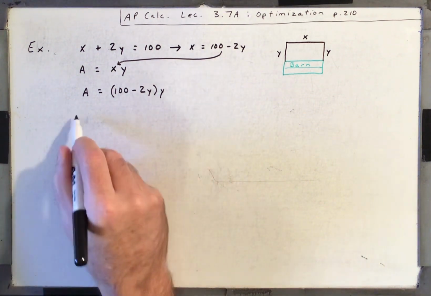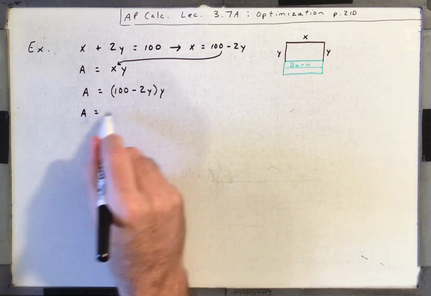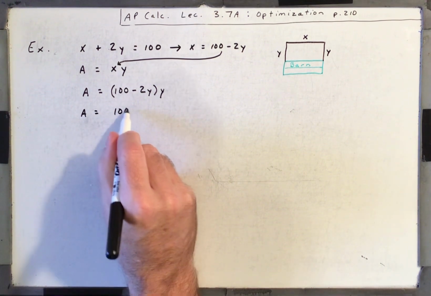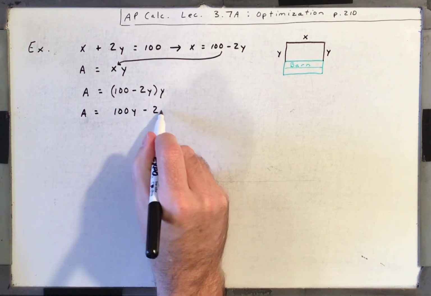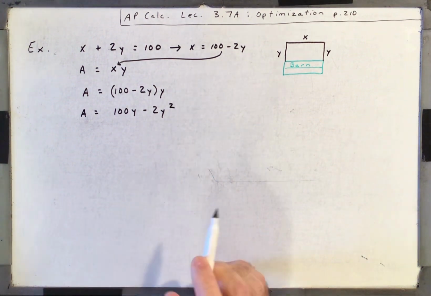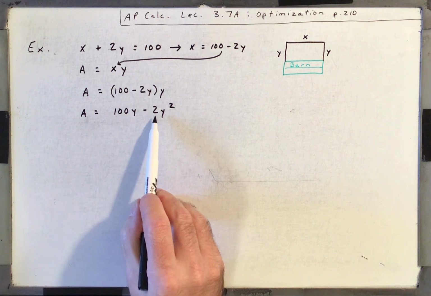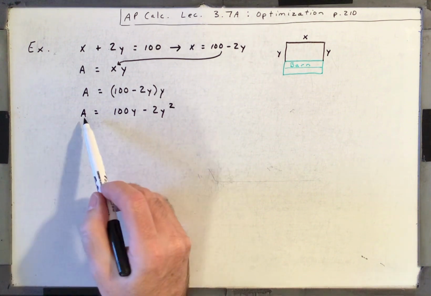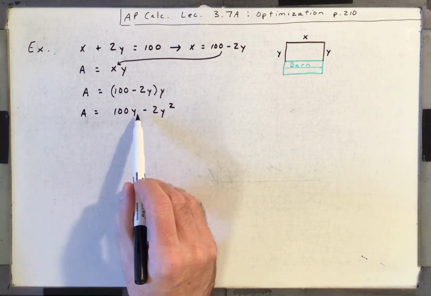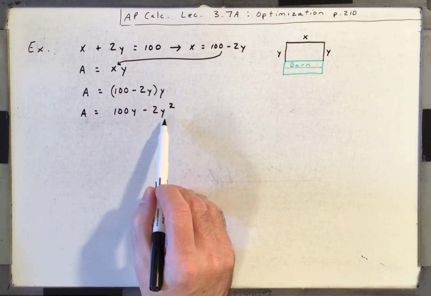Okay, let's go ahead and distribute. So I'd have area is 100y minus 2y squared. So this is the equation that I need to maximize. Area, the area equation. Now I only have one unknown.